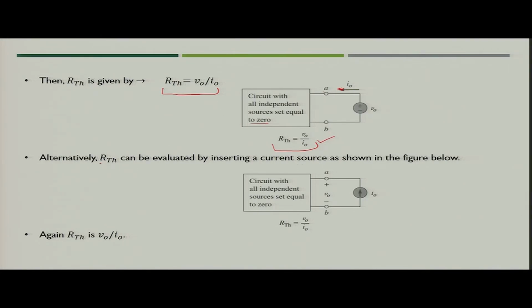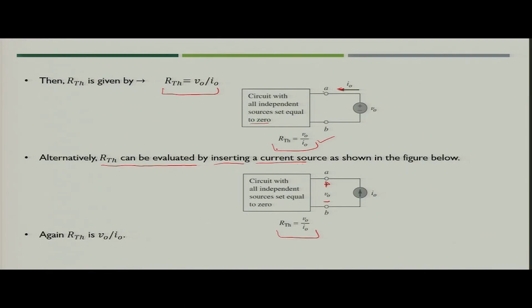Alternatively, Rth can also be evaluated by inserting a current source. Instead of a voltage source, if you apply a current source, you measure the voltage across these two terminals and again get Rth as V naught upon I naught.